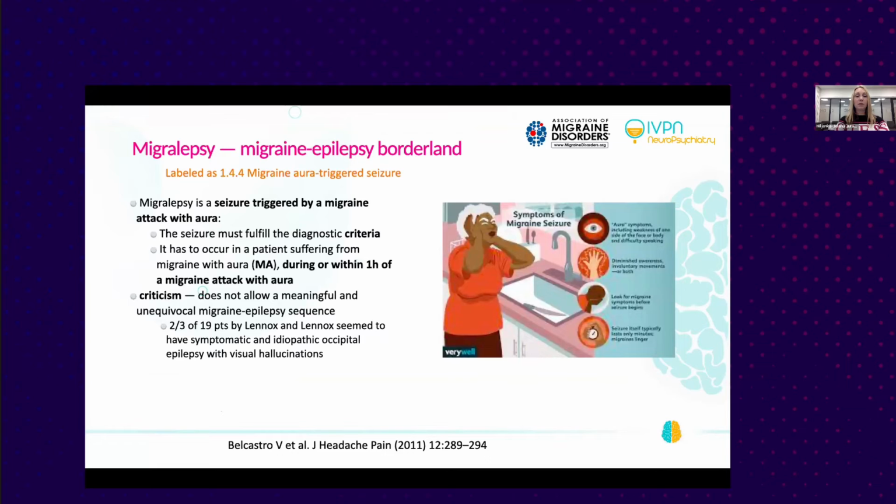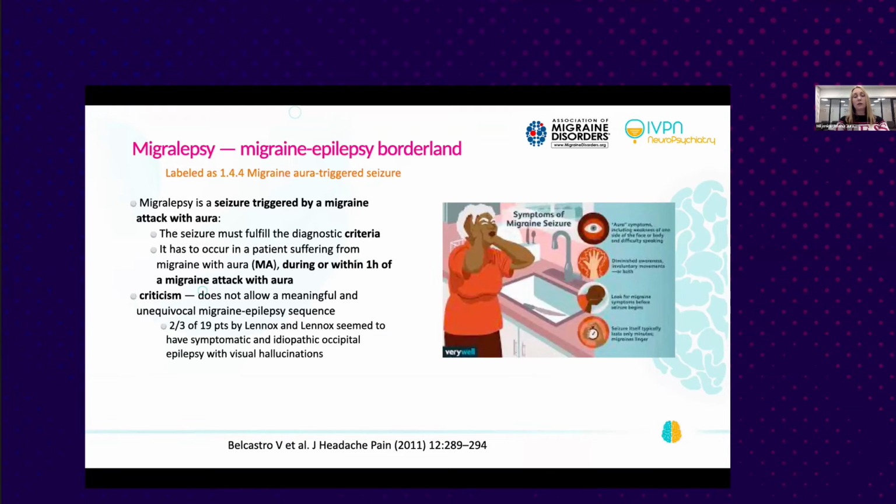Migralepsy is an epilepsy that has been started during or within 1 hour of a migraine attack in a person who has migraine with aura. It's very difficult to diagnose, and it's been started by this case report of 19 patients, and it was published by Lennox and Lennox.